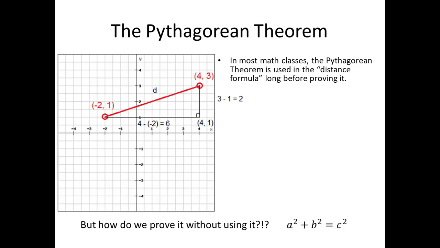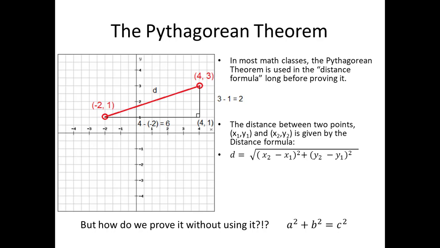So where most students get this right off the bat is the distance formula. Most classes start the Pythagorean theorem with the distance formula because they're wanting to start using the Pythagorean theorem to prove lengths of sides of figures and whatnot, calculating slopes of lines and everything else.